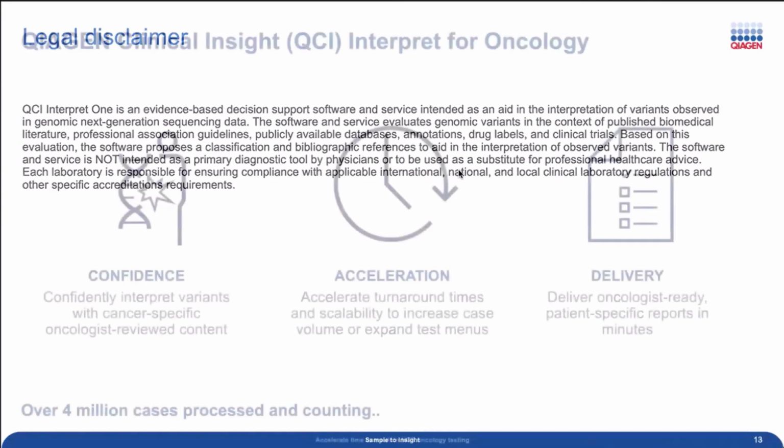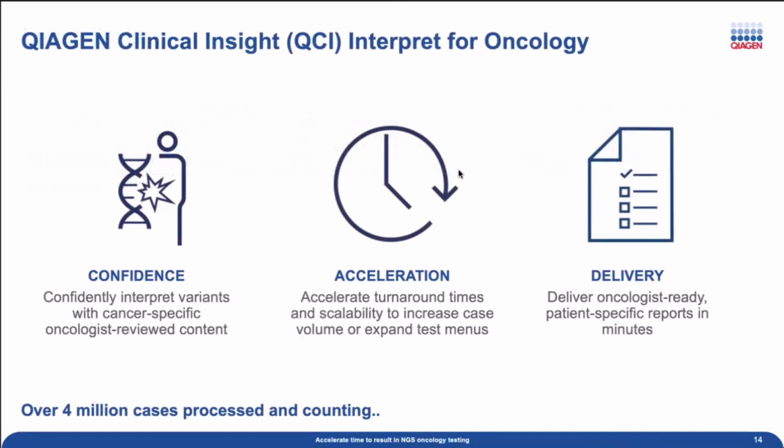QIAGEN Clinical Insight, or QCI Interpret for Oncology, is a decision support software that combines automation and manual curation to deliver augmented molecular intelligence. What that means is that the software accesses a large scientific knowledge base of both manually curated and NLP-derived information to help labs quickly and confidently prioritize and assess variants, classify them according to the ACMG and AMP guidelines, and hence interpret variants at scale.